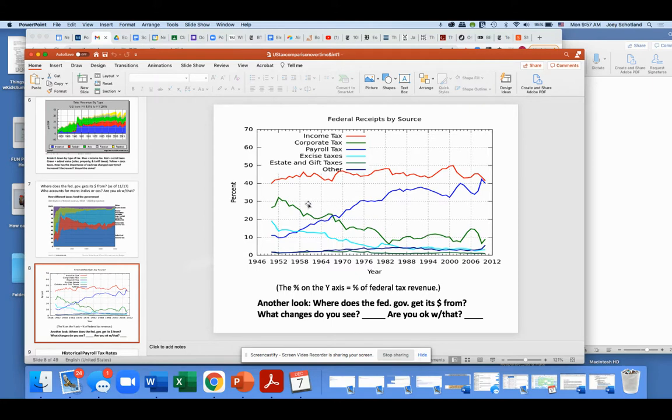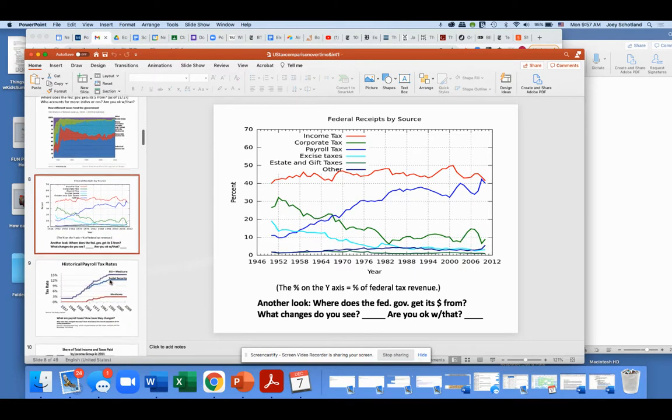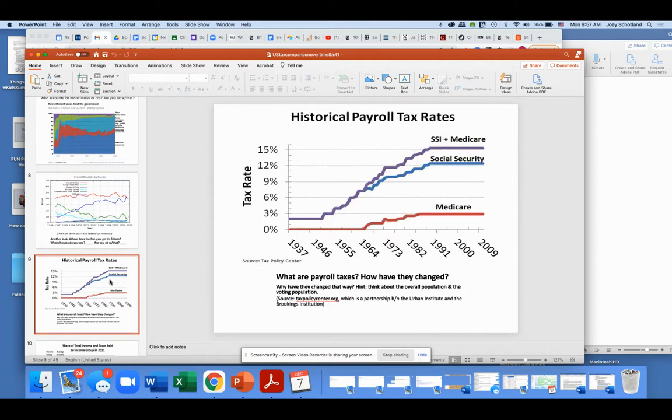Is the federal government getting more of its money now from corporate taxes or less of its money now from corporate taxes? Look at the changes over time. Payroll taxes, that's the Social Security tax and the Medicare tax. What's happened to them over time?